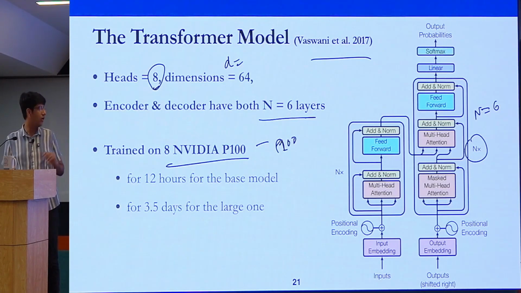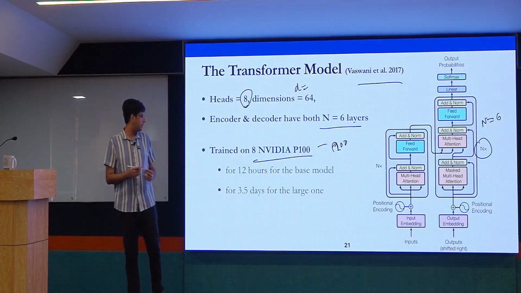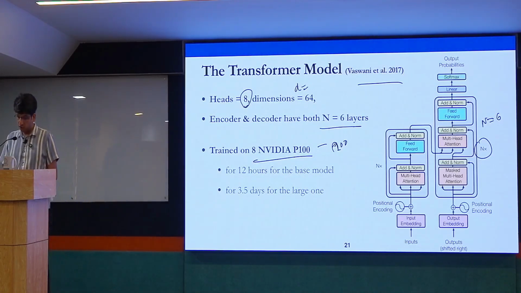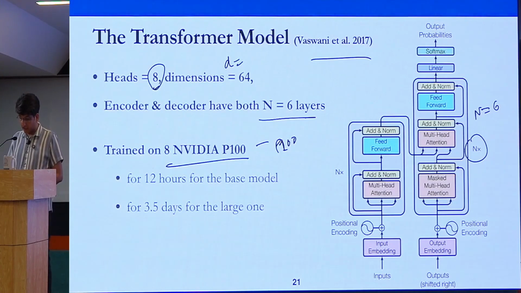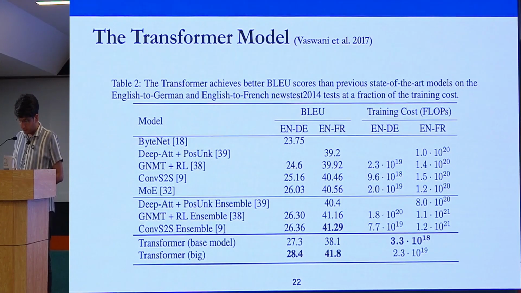If you want to draw car comparisons, this is like an i10. It's not a very fancy car, a very simple GPU, quite cheap at this point of time. It took 12 hours to train the base model, and 3.5 days to train the larger one. There is a larger model also which has a slightly bigger H, bigger D, bigger N.